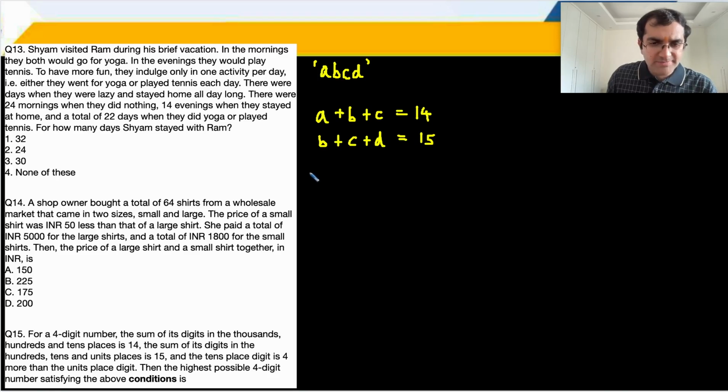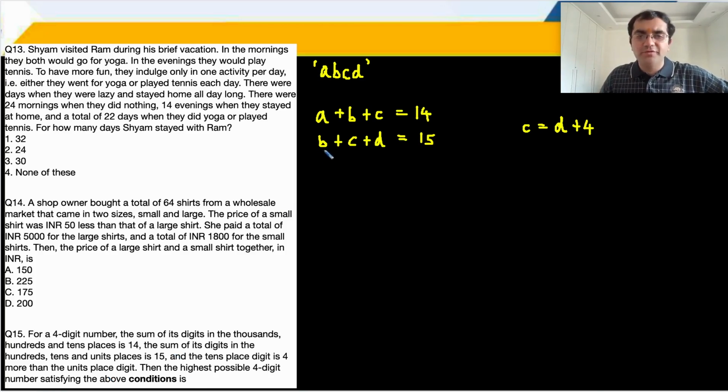And the tens place is 4 more than the units place. Tens place C is 4 more than D. Let's write it on the side. Then the highest possible 4-digit number satisfying the conditions is.